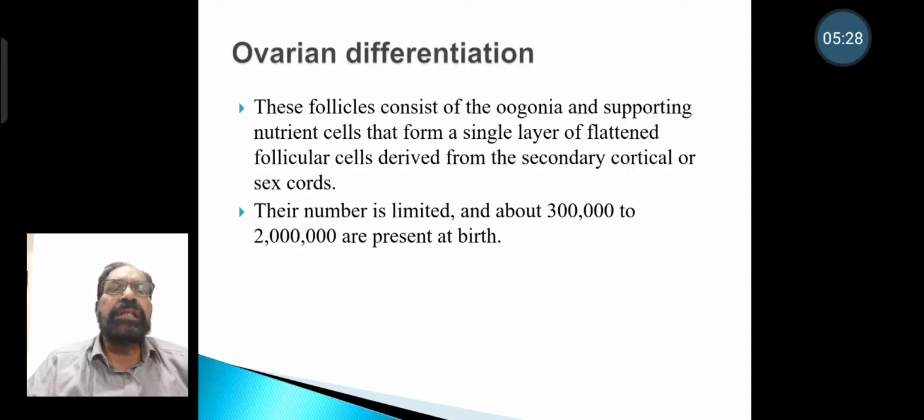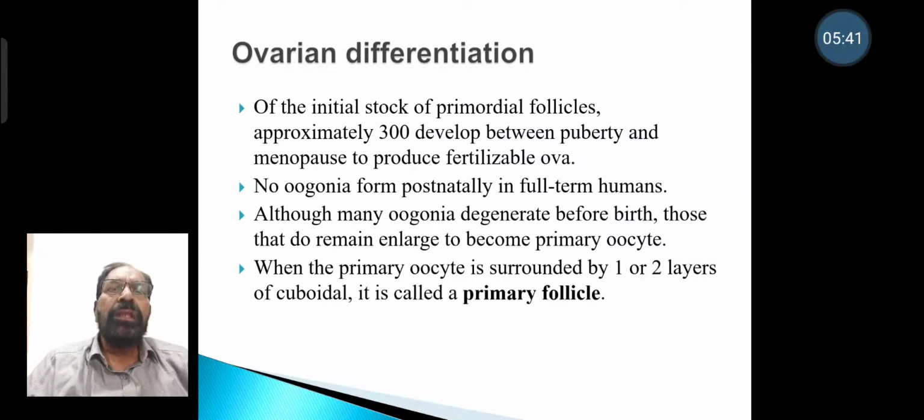Their number is limited, and about 3 lakhs to 20 lakhs are present. Of the initial stock of primordial follicles, approximately 300 develop between puberty and the menopause to produce fertilized ova.